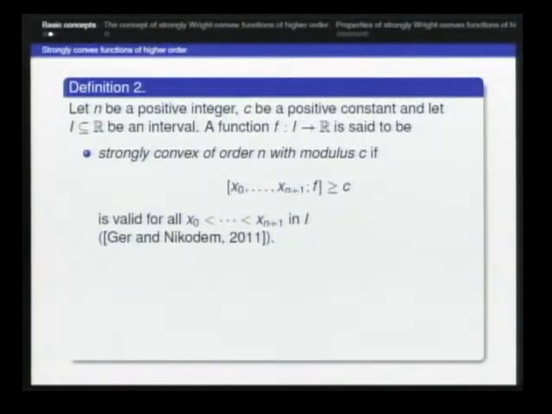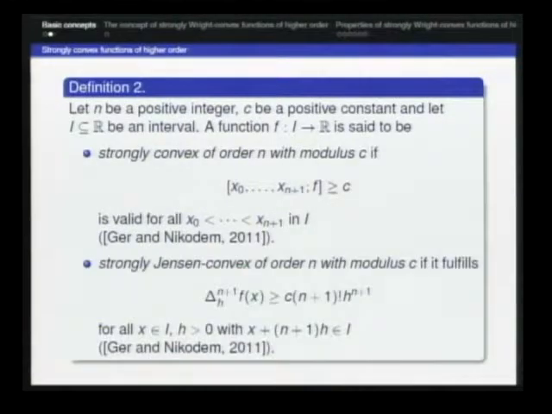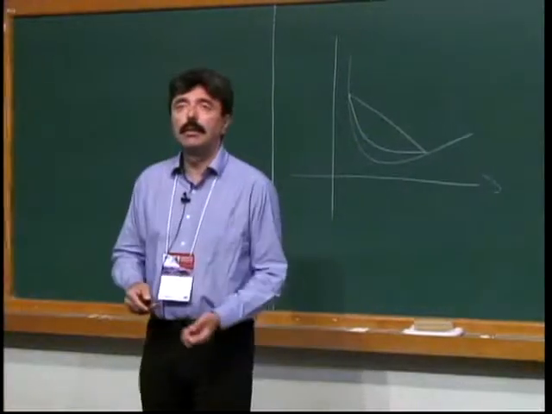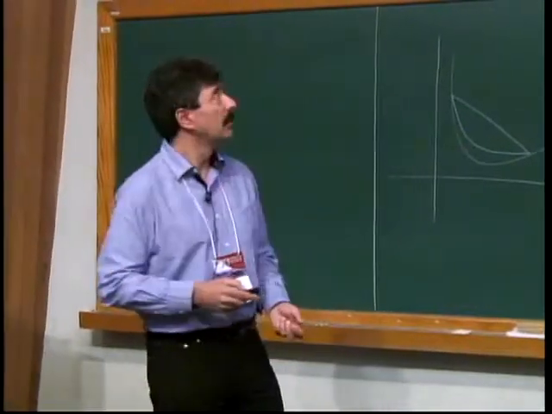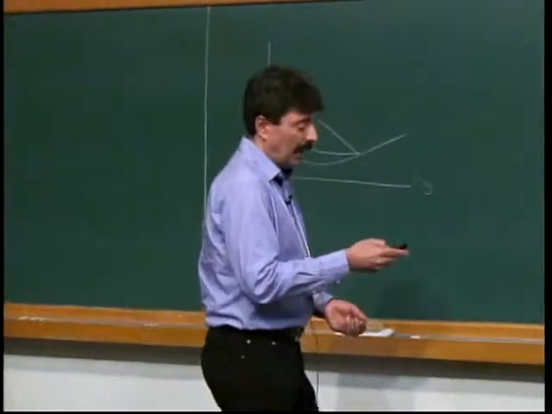The definition of strong convexity of order n with modulus C can be given with this formula. The strong Jensen convexity of order n with modulus C can be given using this formula. It is easy to see that in the case when n equals 1, these definitions give back the previous concepts on the previous page.